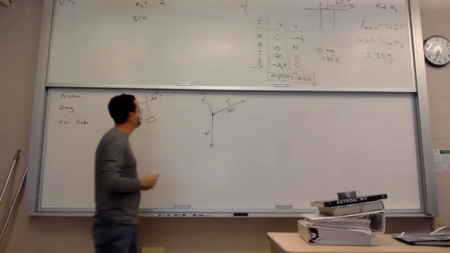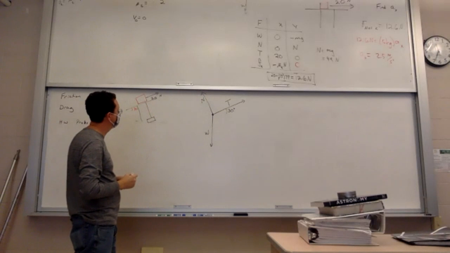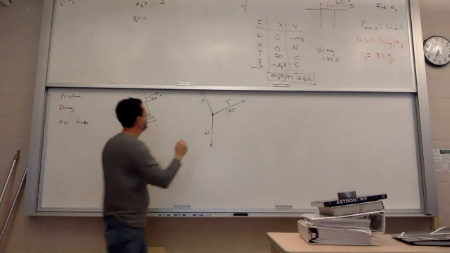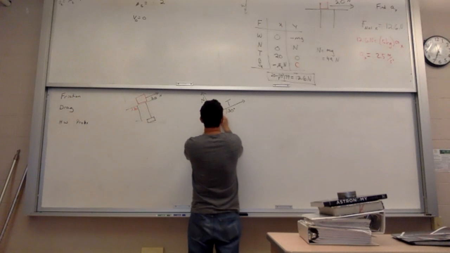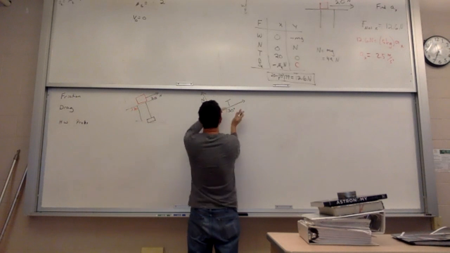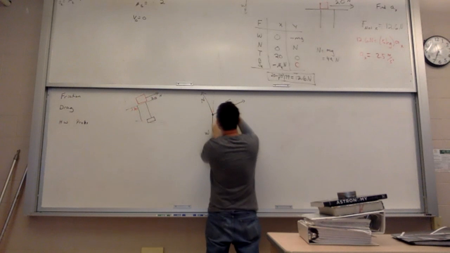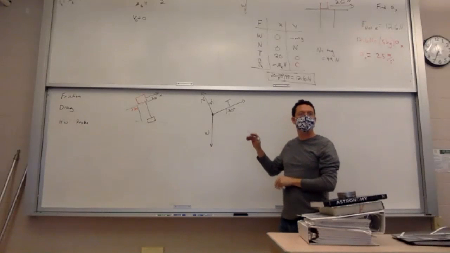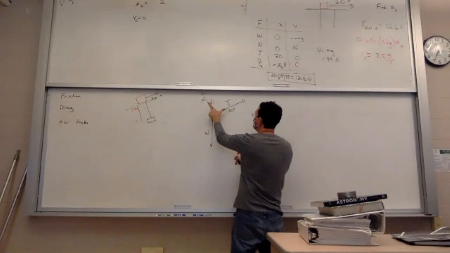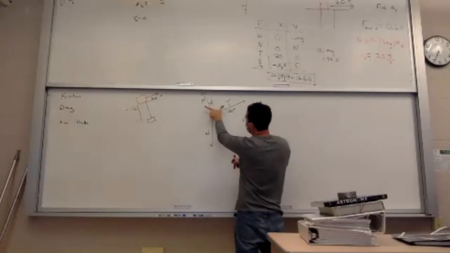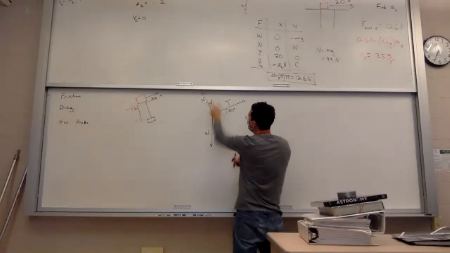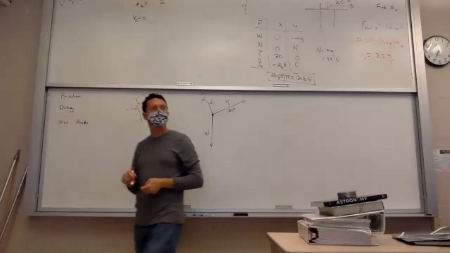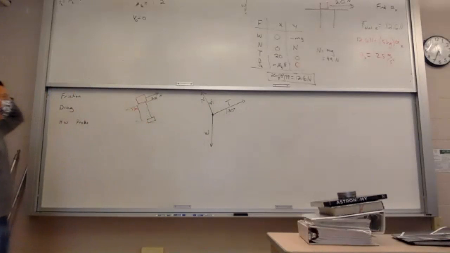Let's think about that for a second. If this force is up 30, and they're always perpendicular, that means this angle is 30 degrees. The tension and normal force are at right angles apart, so if I tip it up 30 degrees, they move together.